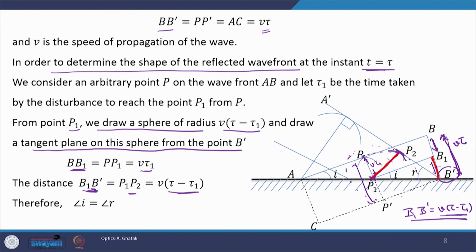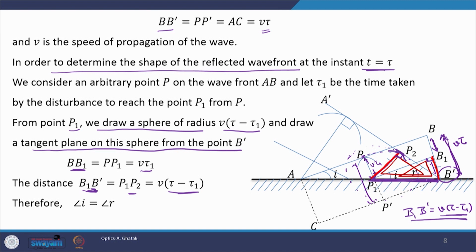Now, let us consider two triangles here. What would be those triangles? This is the first triangle and this is our second triangle. We will consider these two triangles. In these two triangles, this is a 90-degree angle; these are right angle triangles, these are the 90-degree angles. The base, the P1 B prime line, is common to both of these triangles. Okay.